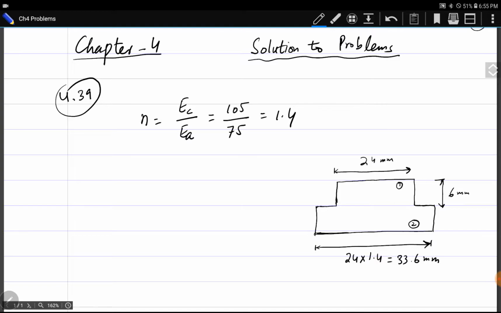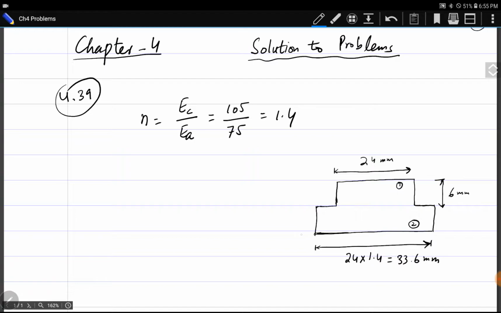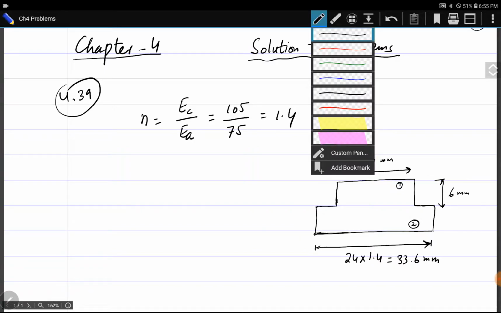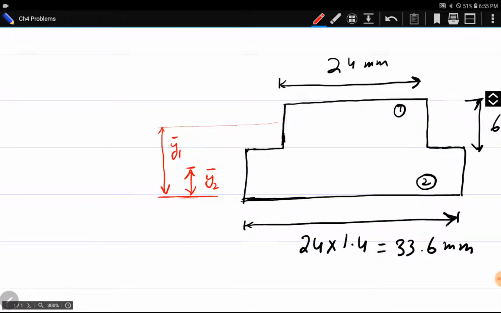Individual centroids of area 2 and area 1 are measured from a reference line. For example, this bottom surface is our reference. So this is Y2, the mid of section 2, and this is Y1.